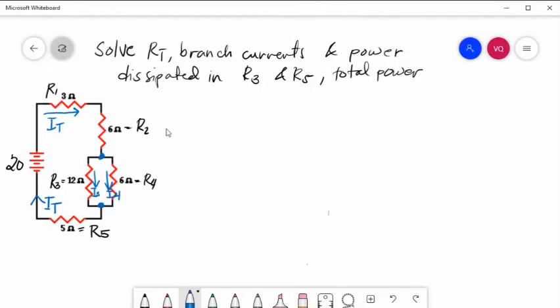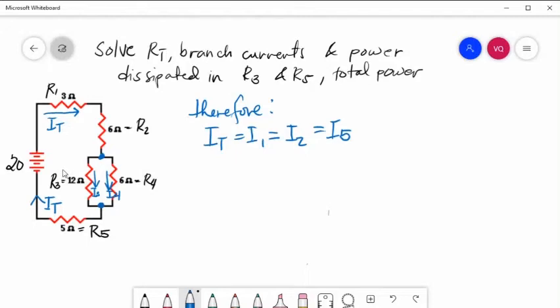Therefore, total current is equal to I1 equal to I2 and equal to I5 because they are in series.